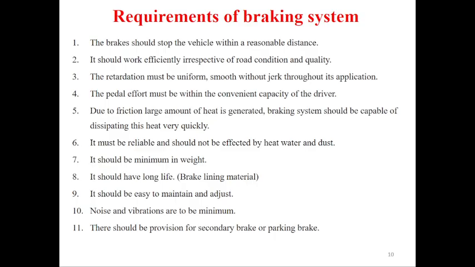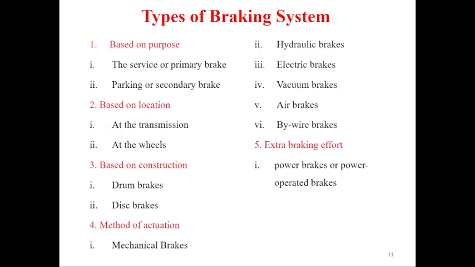Okay. The next point is the introduction about the types of braking systems. Based on the purpose, there is the service or primary brake, then the parking or secondary brake. Based on the location, it is at the transmission or at the wheel.